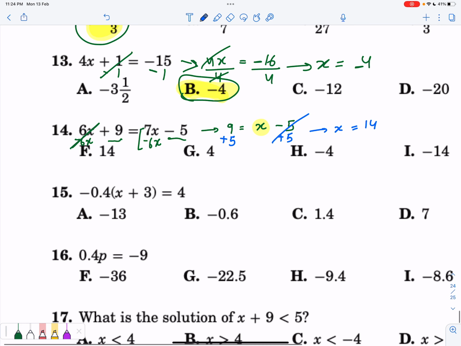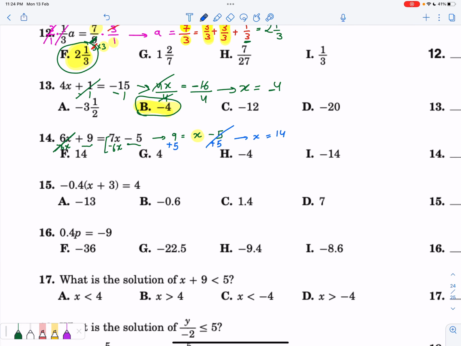So the correct answer is 14, which is answer, did we miss something? No, actually we're good.